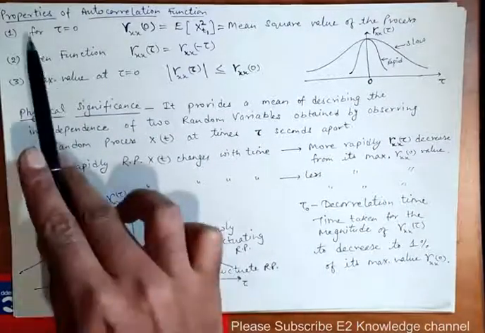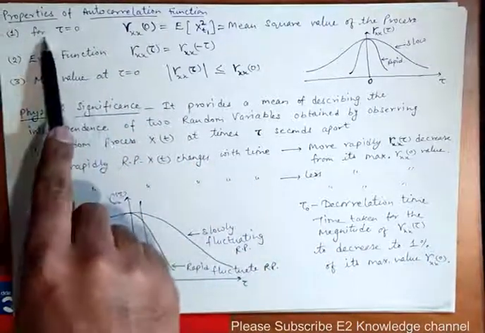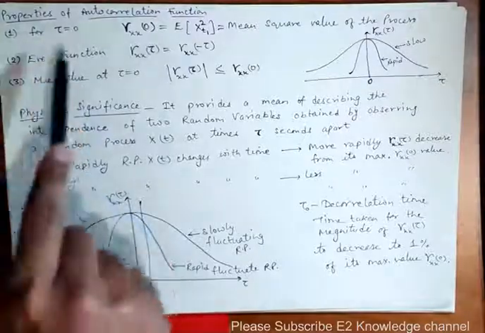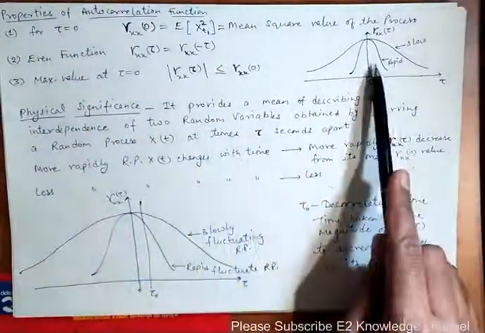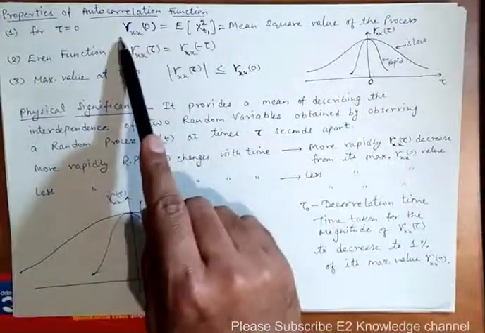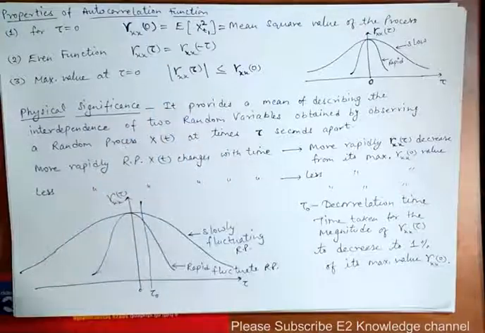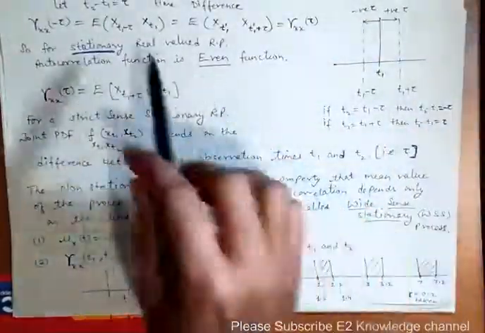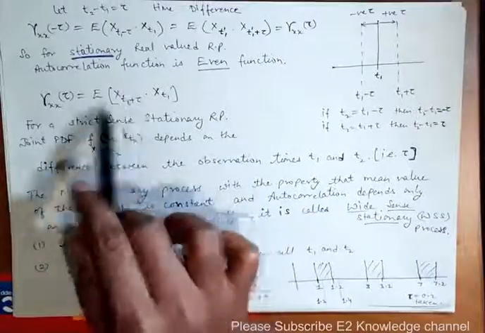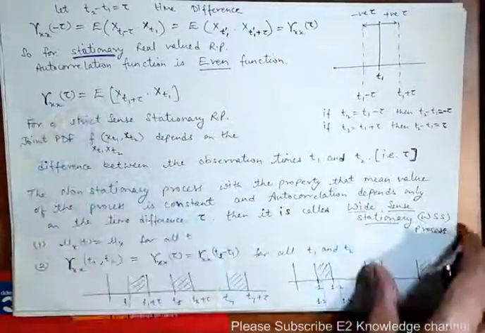Now what are the properties of the autocorrelation function? First property, tau equal to 0. When we put tau equal to 0, the expression becomes gamma xx at 0, and from the last expression, with tau equal to 0, it is x(t1) times x(t1), the same case.